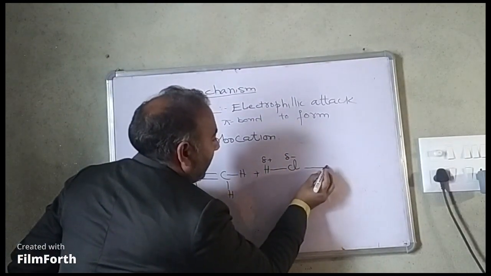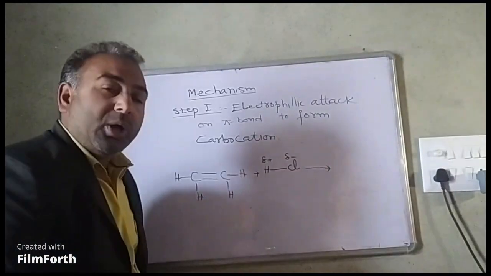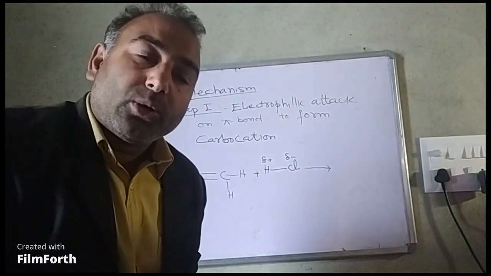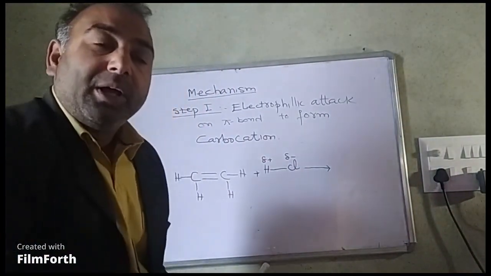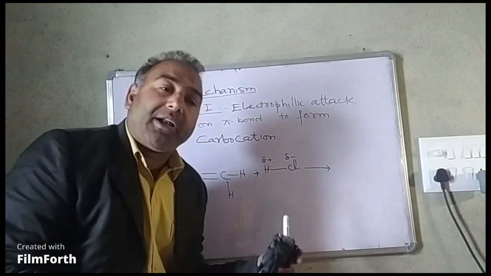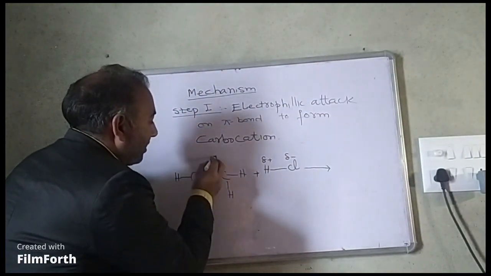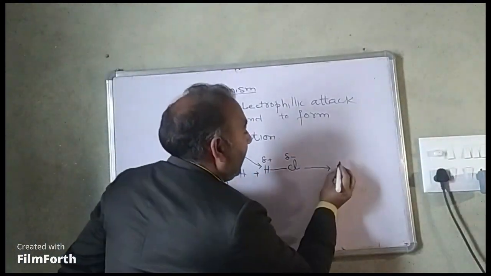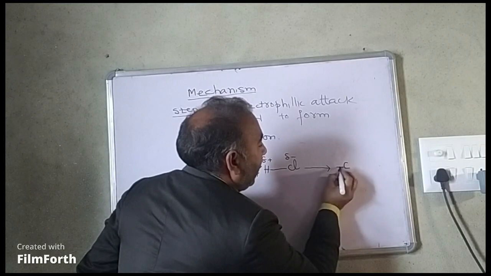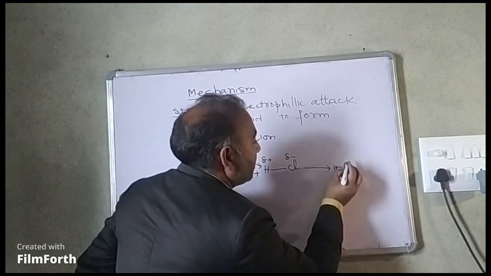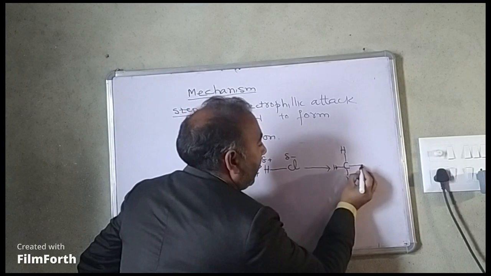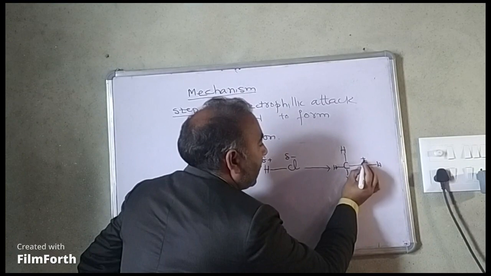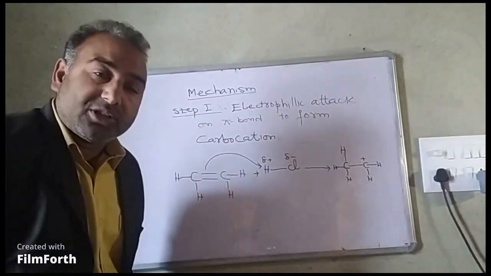In the first step, this H positive, it is the electrophilic part, it will attach itself to one of the carbon atoms and will form a covalent bond with one carbon like this. Electrophilic attack on pi bond. So the first thing we will get is H, H and H, then H. Now this carbon will get a positive charge.